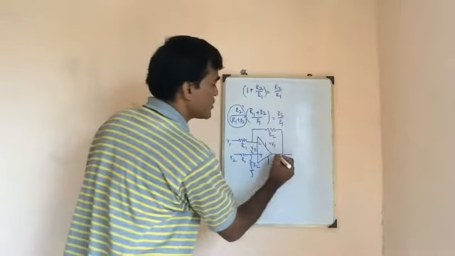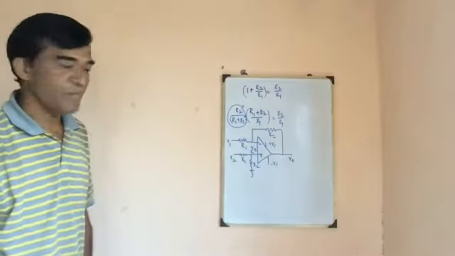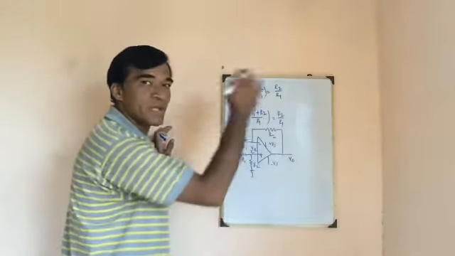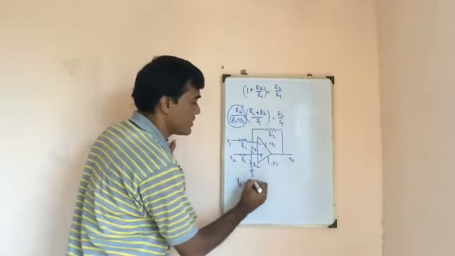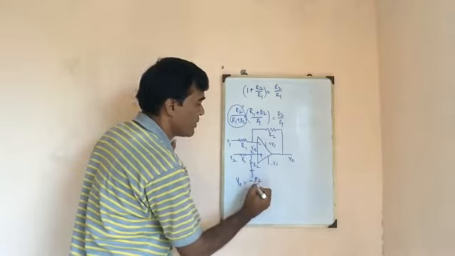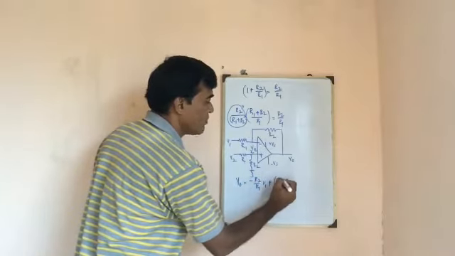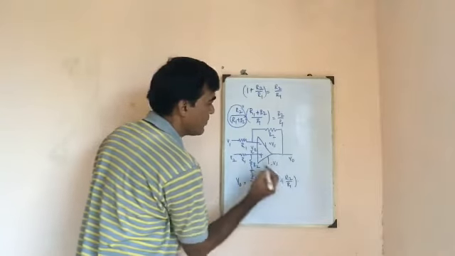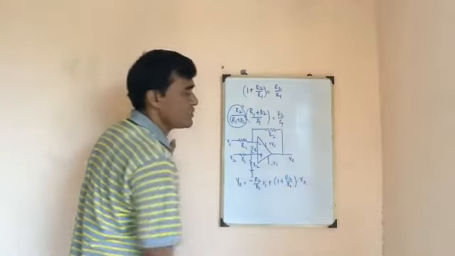Now this circuit is known as the differential amplifier. For its output, I use the same expression I derived earlier. So output voltage is minus R2 by R1 into V1 plus 1 plus R2 by R1 multiplied by the voltage at the non-inverting terminal, which is Vx.